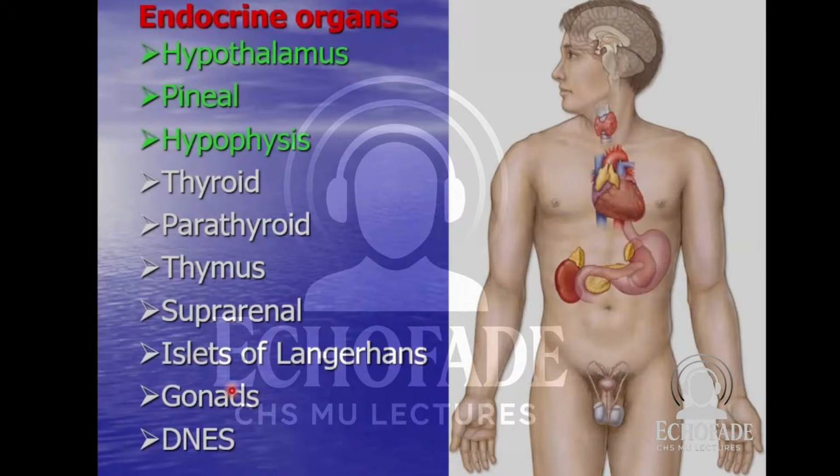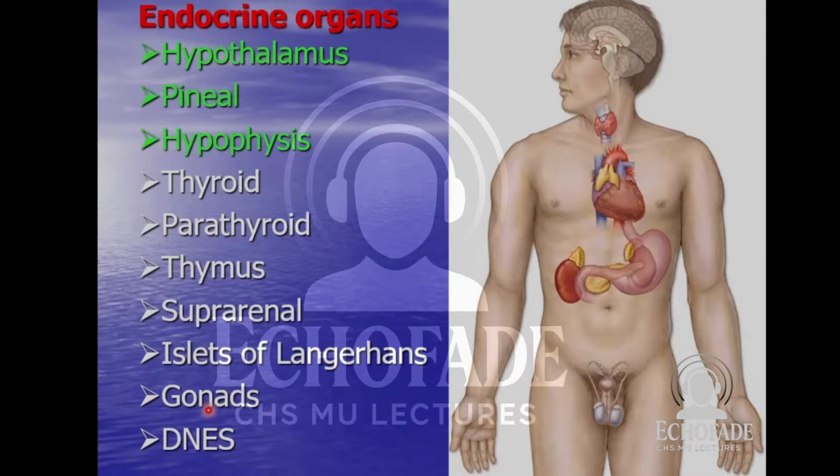Apart from this, we also have what I consider the diffuse neuroendocrine system. It comprises either clusters of cells or individual cells which secrete hormones, and these are in various parts: the respiratory tract, the digestive tract, quite a lot of them in the digestive tract, the heart, and the kidney.